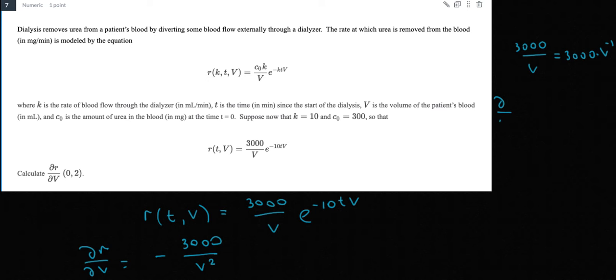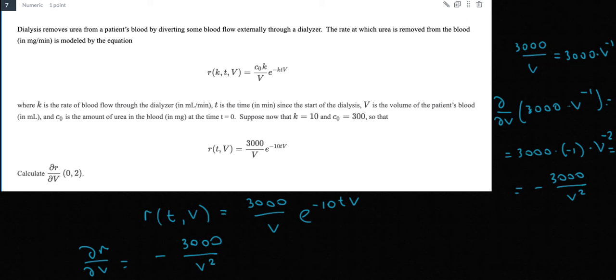The derivative with respect to V of 3000 times V to the negative first power will be 3000 times negative 1 times V to the negative second power. And of course, V to the negative second power is the same as 1 over V to the positive second power. Overall, we get negative 3000 over V squared for this derivative.